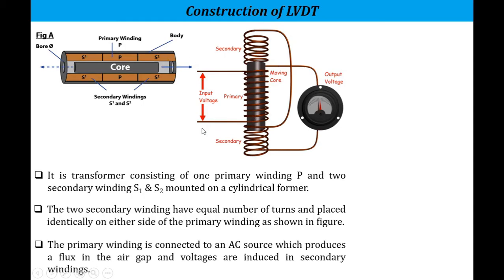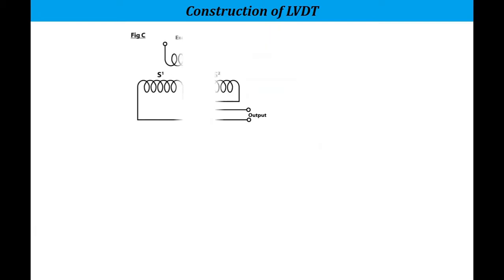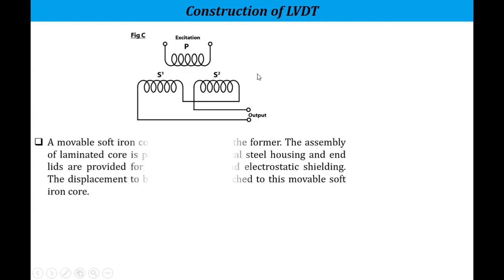Now, the primary winding is connected to the AC supply, which produces its own flux in the air gap, and voltages are induced in the secondary windings. This is the mutual inductance principle. Now, this is a very simplified diagram. Here, excitation means AC supply is given to the primary winding, and this is your first secondary winding, this is your second secondary winding.